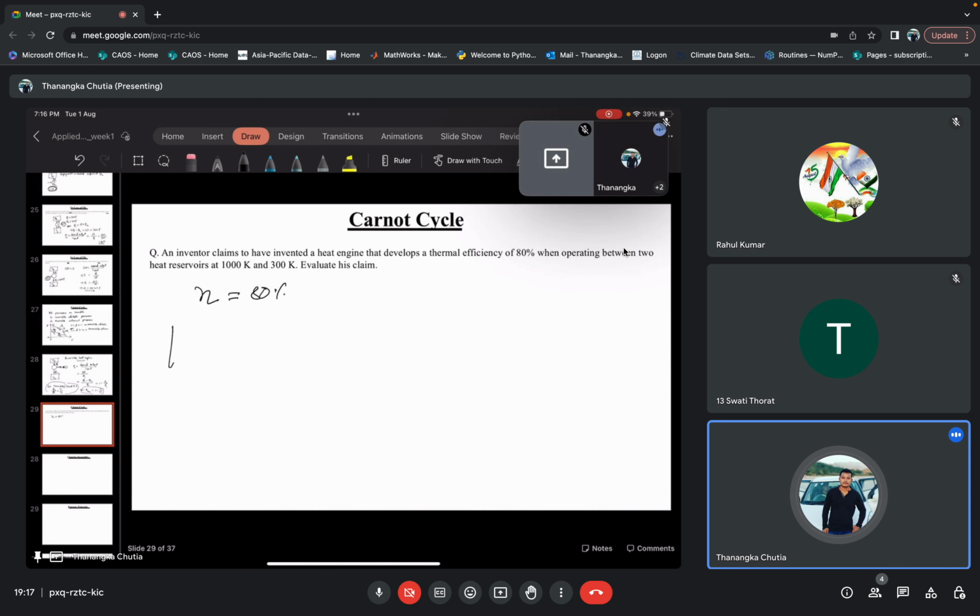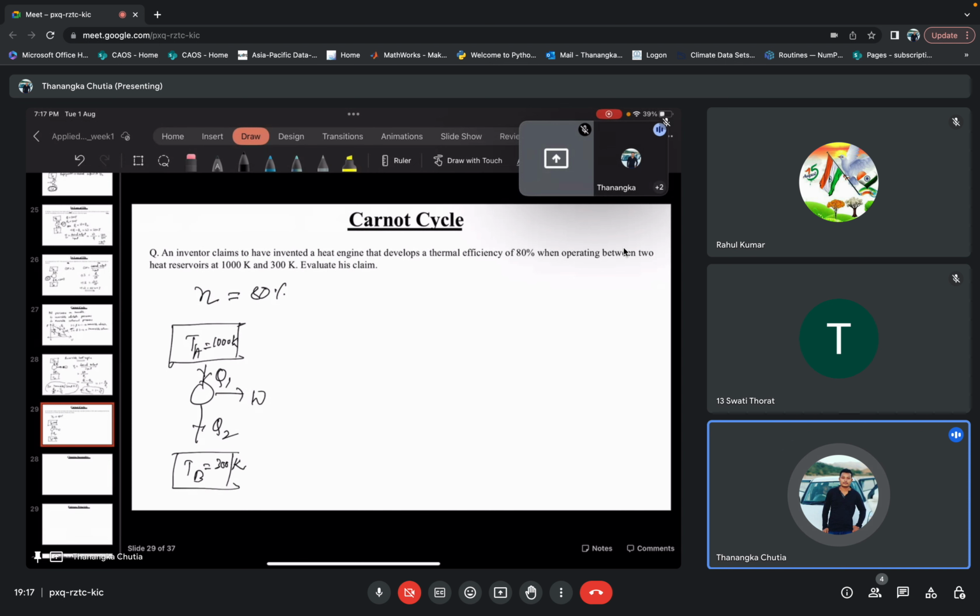These heat reservoirs: TA is given as 1000 Kelvin and TB is given as 300 Kelvin.